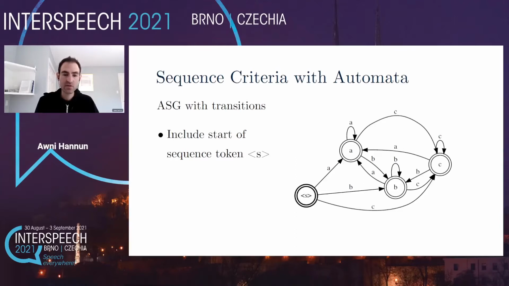You need a history for the beginning of the sequence as well. So that's what the graph actually looks like when you include a start of sequence token. Now there's one start state, and you can transition to all of the initial tokens from that start state, and then from there the graph is the same.